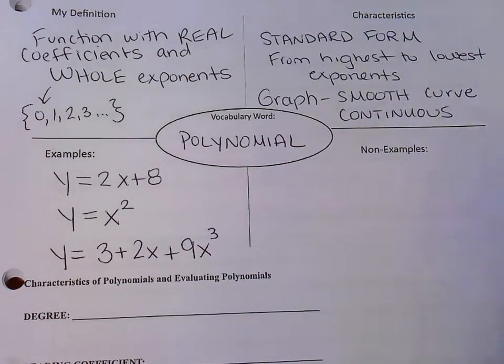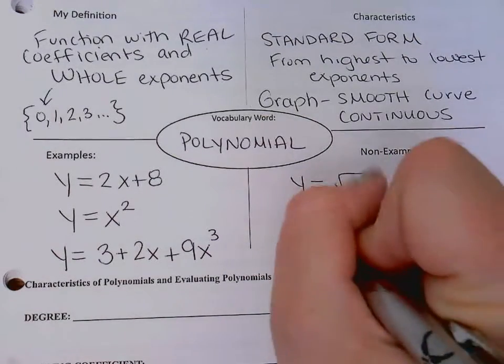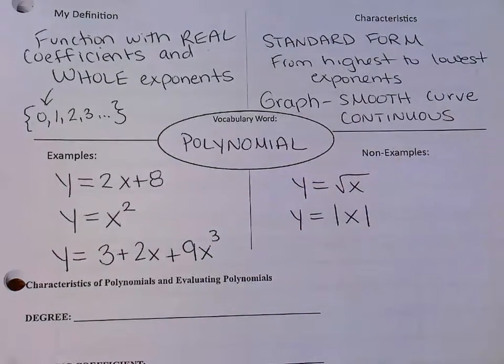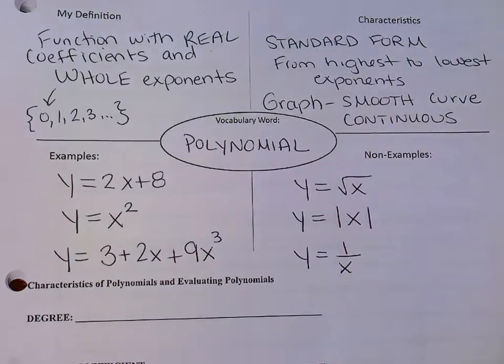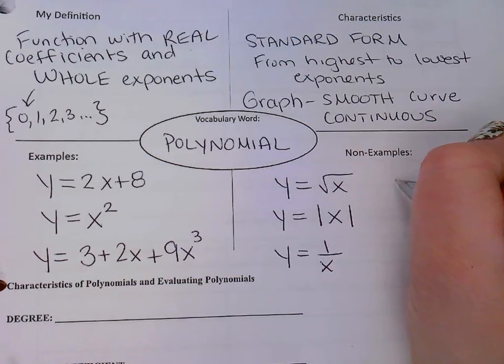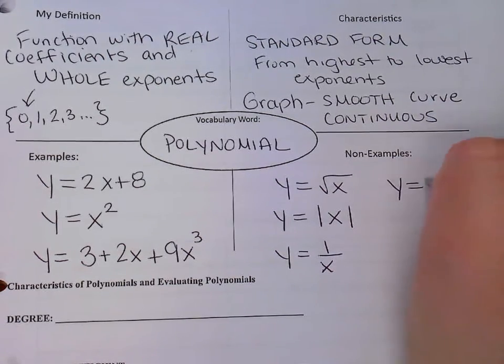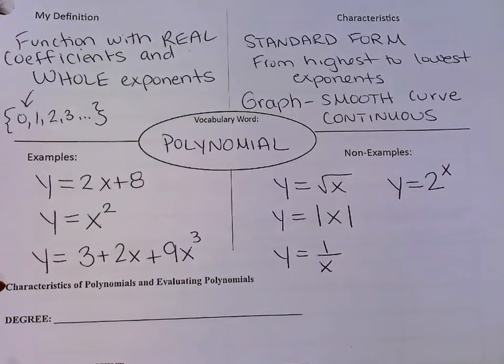Some non-examples. You can't have the square root of x. Can't have the absolute value of x. We've looked at those before. Can't have a reciprocal function like 1 over x. What else have we looked at this year? We're going to look at exponential functions. So I'm going to list y equals 2 to the x as a non-example because that's exponential.